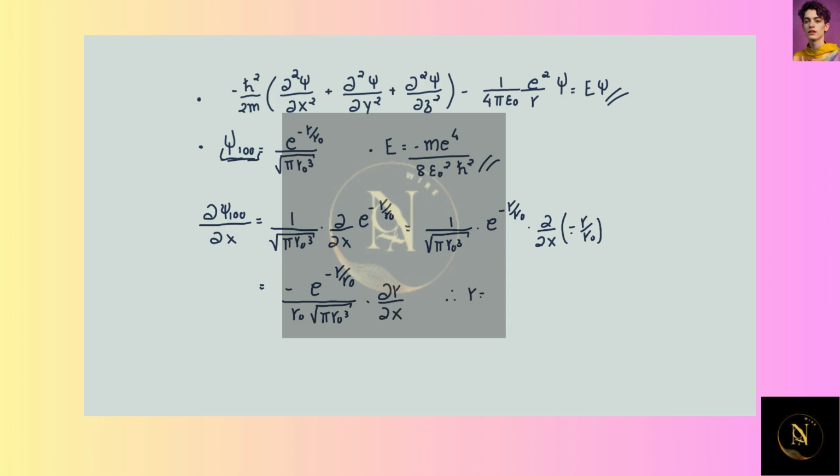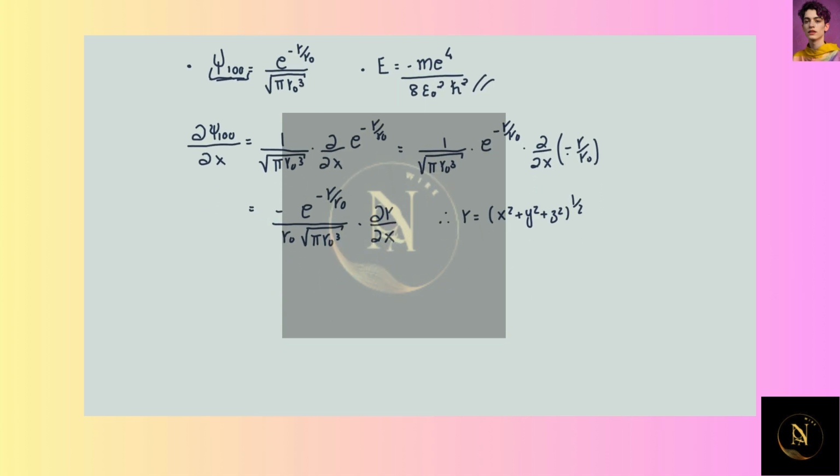Remember that r is equal to (x squared plus y squared plus z squared) to the 1/2. Then this derivative will result in the following. The 1/2 factor from the exponent will drop, and we have 1/2 times the same expression elevated to 1/2 minus 1, which is minus 1/2. So we get this in the denominator.